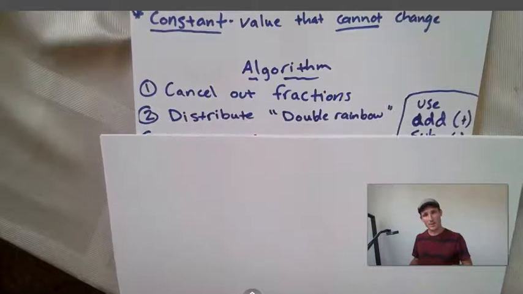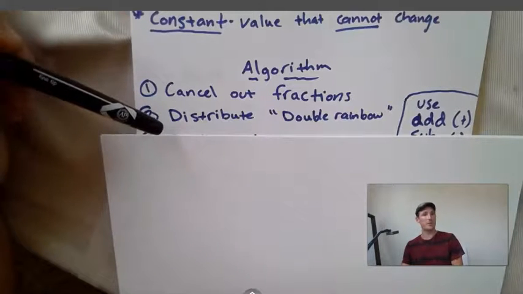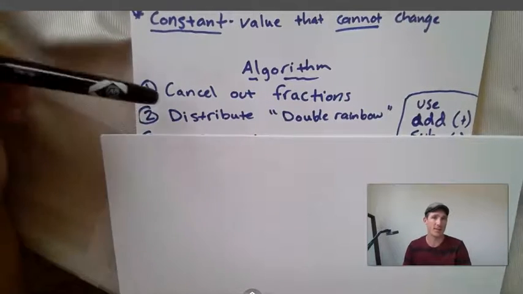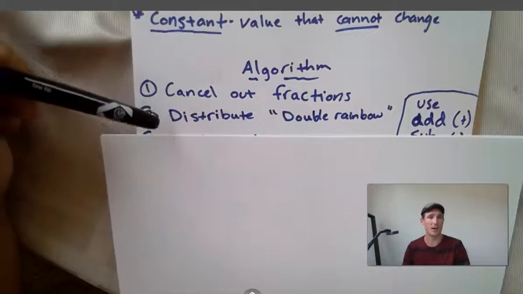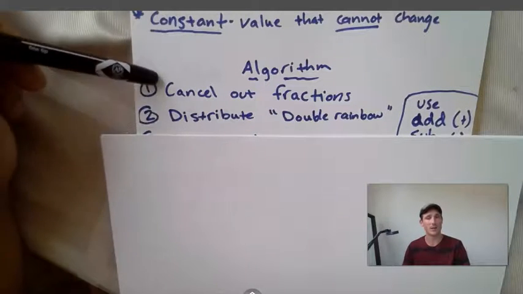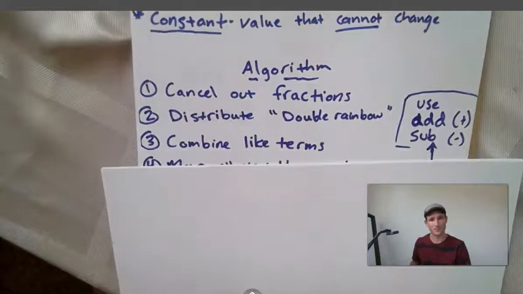Step 2, distribute. Well, what I call double rainbow. Sometimes it's triple rainbow. But usually it's double rainbow in our world, right? We haven't gone over the distributive property probably yet, but that's going to be in another video. But that is something you want to do early on in your algorithm. So cancel out fractions, distribute.